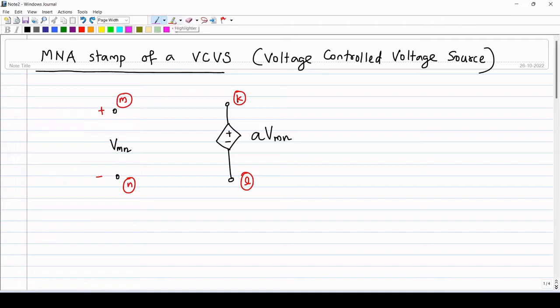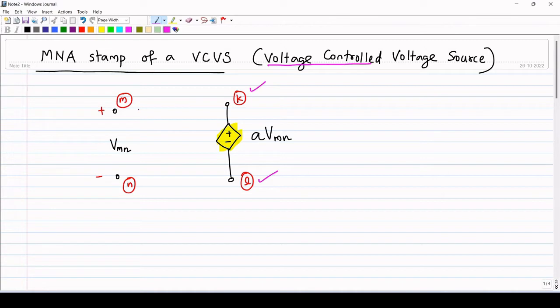So the symbol of a voltage controlled voltage source is shown here. Here this voltage controlled voltage source is connected between node K and node L in the network. Since this is a dependent source, its magnitude will depend upon some other voltage in the network.